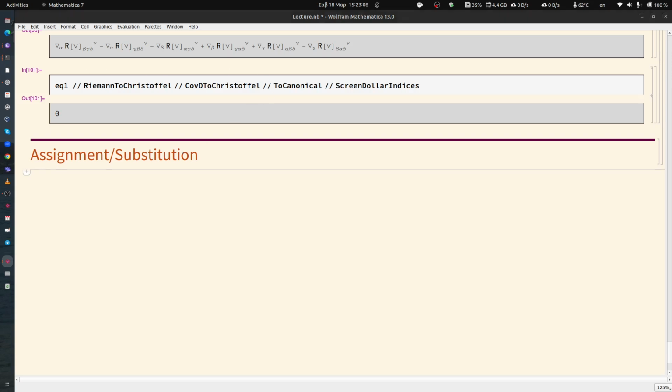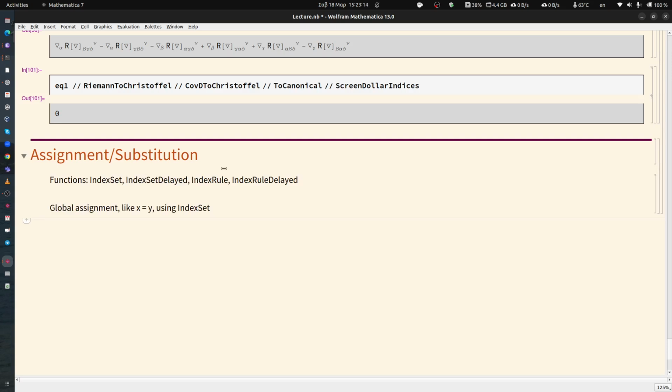As we have already said in the previous video, tensors are objects that are complicated in xTensor, and many times it's not very wise to use the assignment and rule functions that Mathematica uses for its more simple expressions.